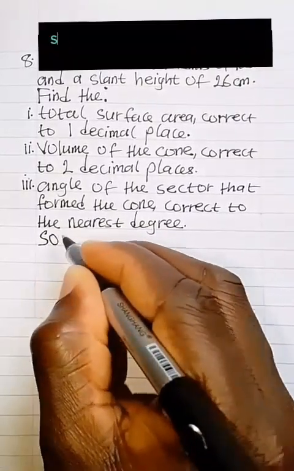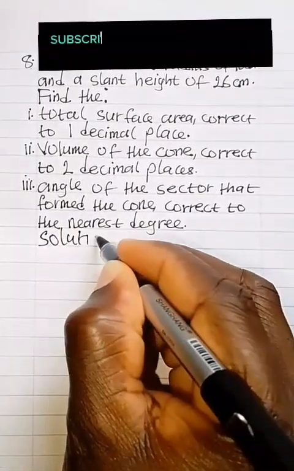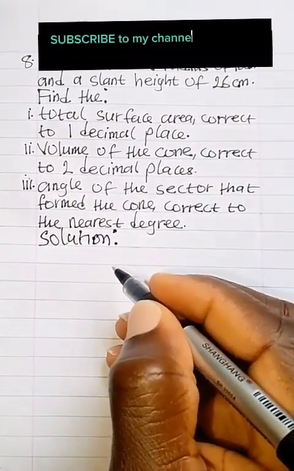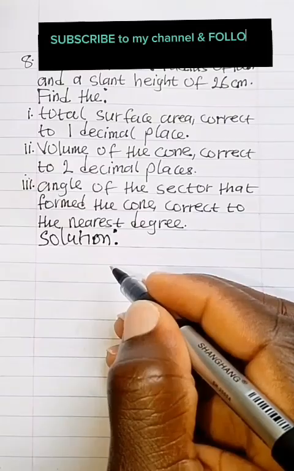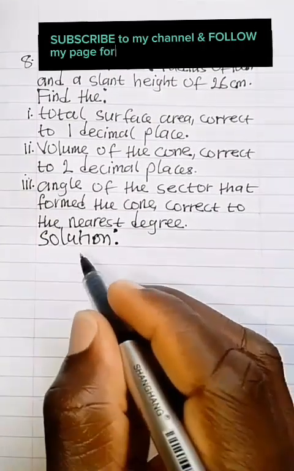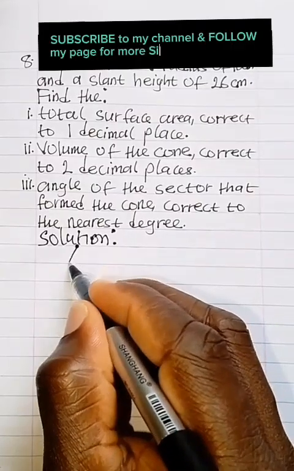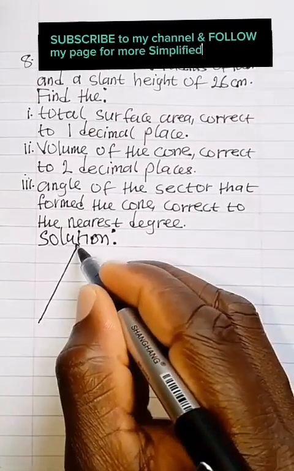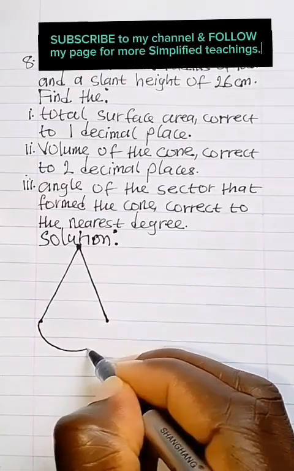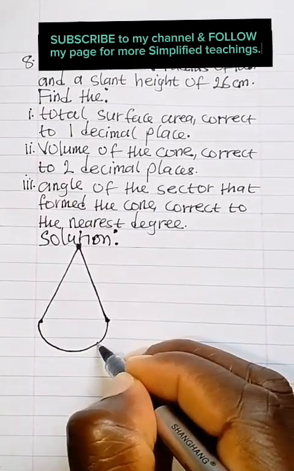Let's take the solution. We have to draw the cone so that we can fit in the various parameters. This is the structure of a cone. Then you have a circular base.